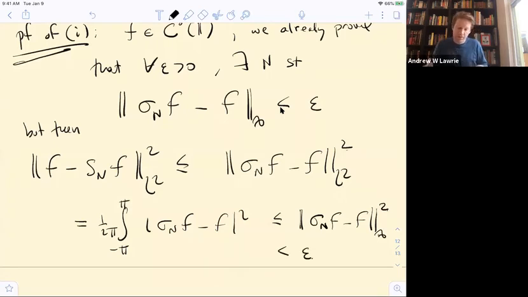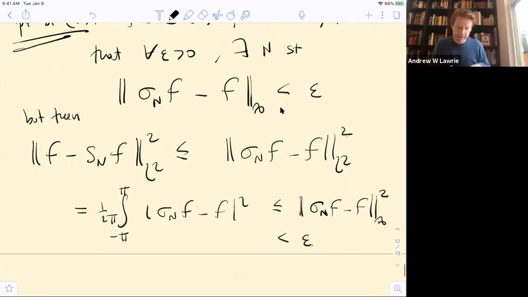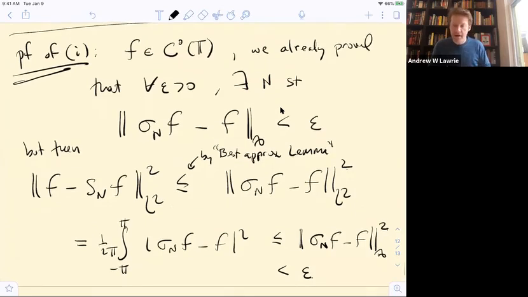So you give me epsilon, I find a capital N such that this thing is less than epsilon. This is by the best approximation lemma. And we're done for continuous functions.